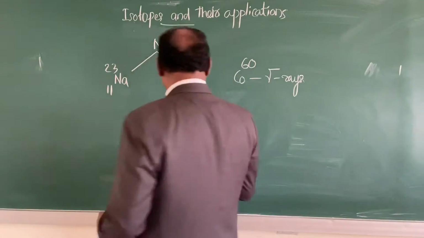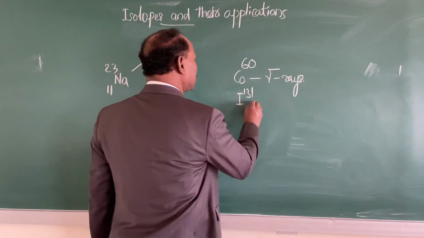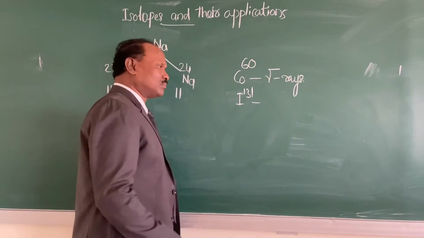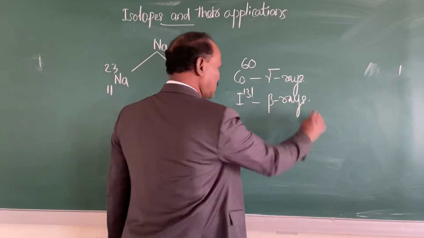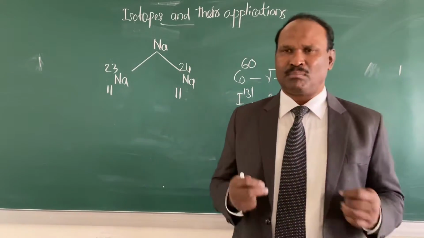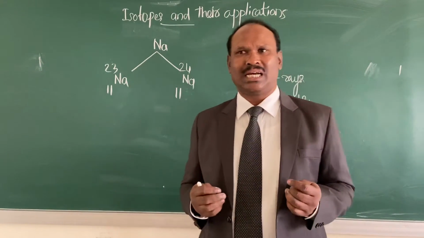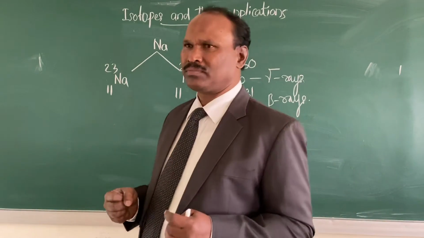And the iodine-131 isotope, a radioactive isotope which emits beta rays, is used in the treatment of brain tumors and in thyroid problems.